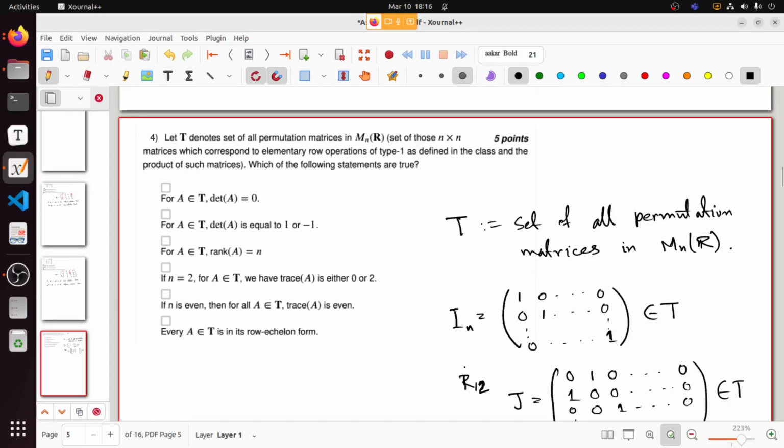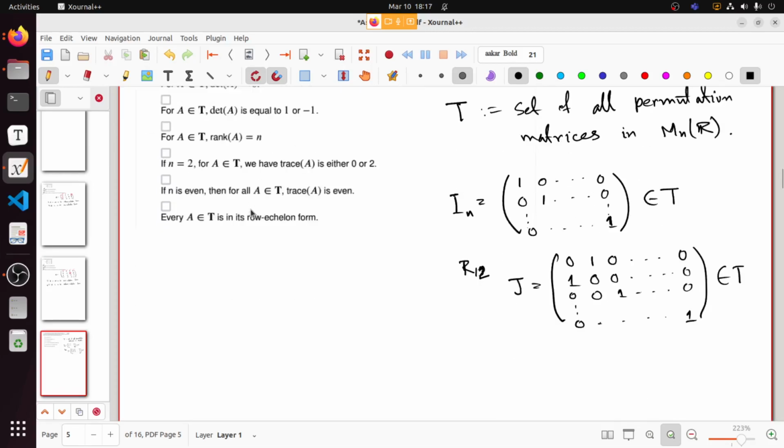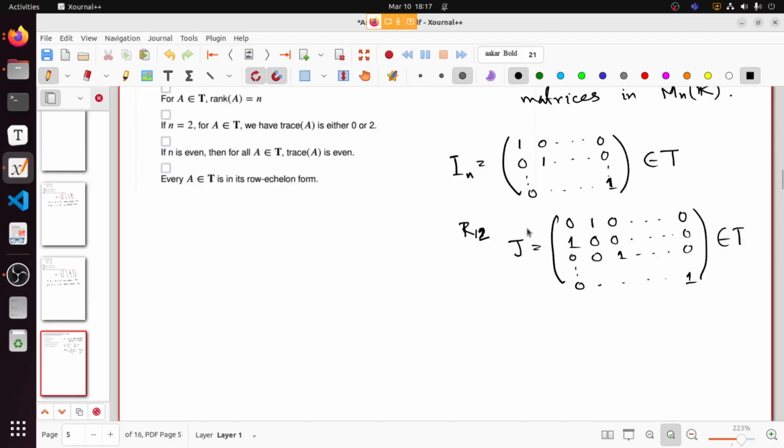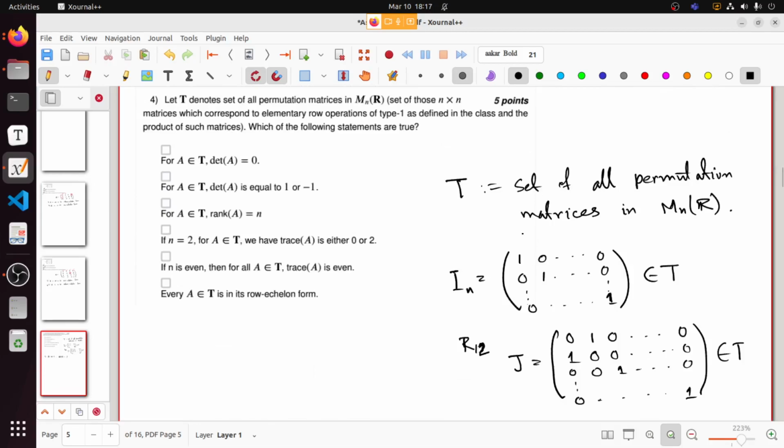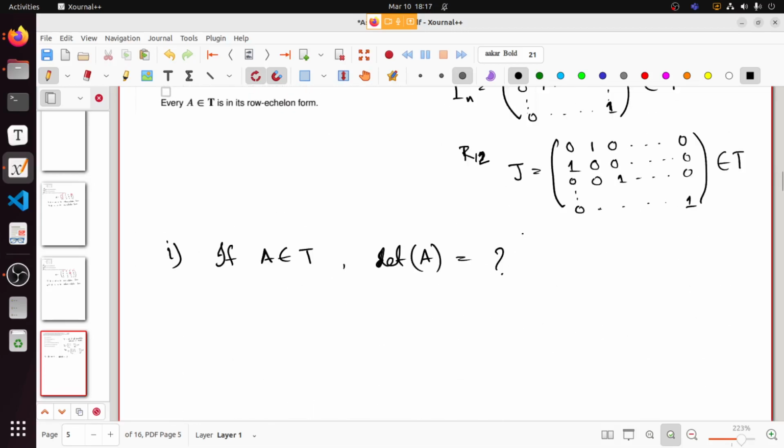Okay, so let's come to the first option. What is it saying? For A belonging to T, the determinant of A should be 0. So the first option says that if A belongs to T, then what will happen to the determinant of A? Is it 0? But you know that elementary matrices are in T, right?